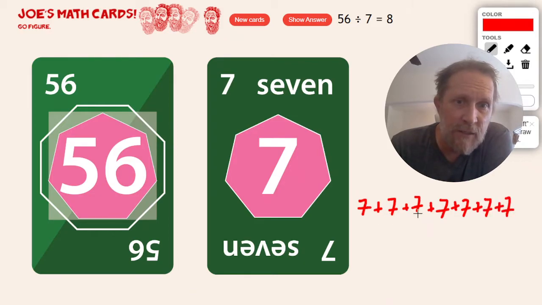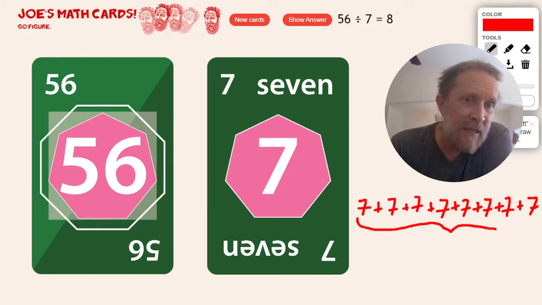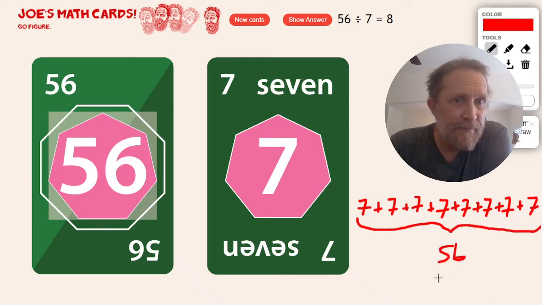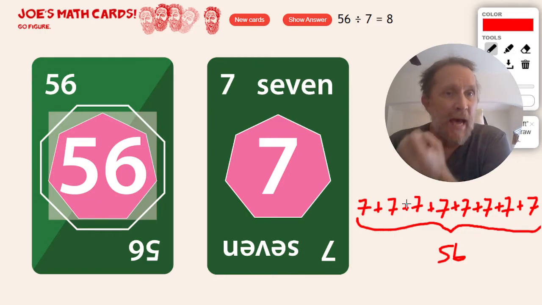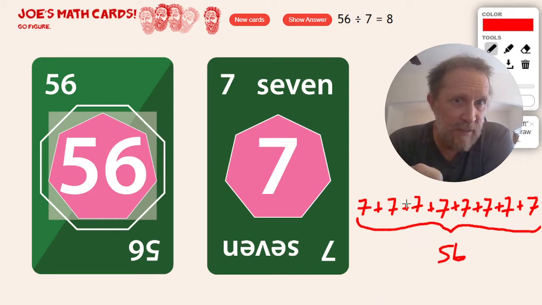How many did I do there? 1, 2, 3, 4... that's 8 sevens. If I add all those 7s together, I will get 56. That's what repeated addition means, and that's what multiplication is. That's what 7 times 8 is. It means 7 added to itself 8 times.